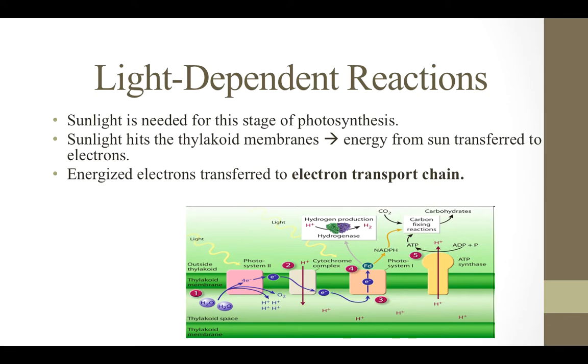So here's our diagram. We've got our light wave coming and going into photosystem 2 and the outside of the thylakoid.